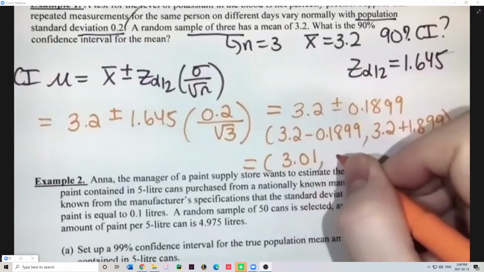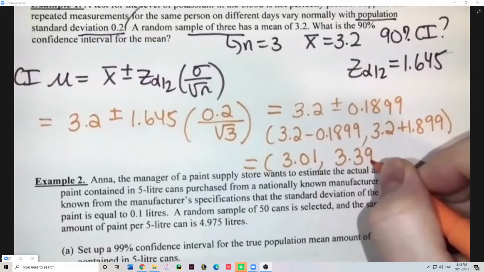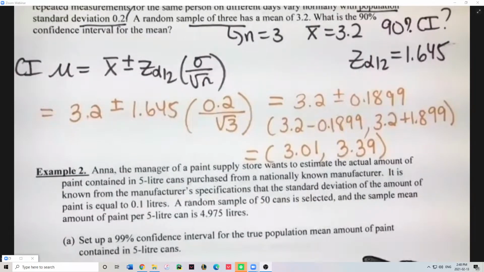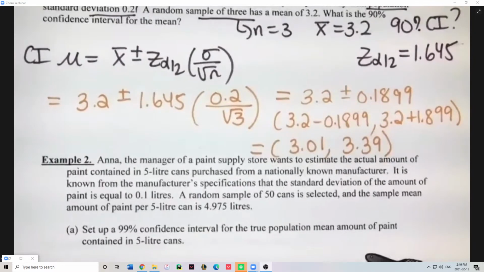So type that in and see if you get 3.01 and 3.39, it should be. Okay, any questions about the first one here?